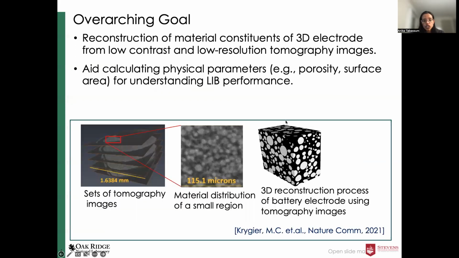Our overarching goal for such a task is first to identify the material constituents towards reconstruction of the 3D electrode from low contrast tomography images, and also eventually identifying the materials with very low prediction errors, because low prediction errors can aid in calculating the physical parameters, which is very important to understand the influence on battery performance.